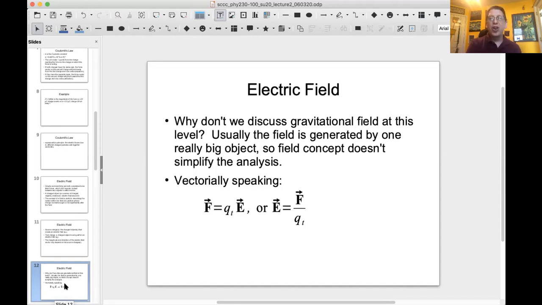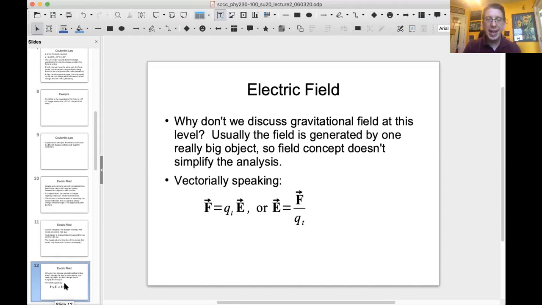The electrical force acting on an object in an electric field can be written as the test charge multiplied by the electric field vector. Or the electric field vector is equal to the electric force vector divided by the test charge. Notice there's no absolute value sign on the test charge, which means its sign matters.